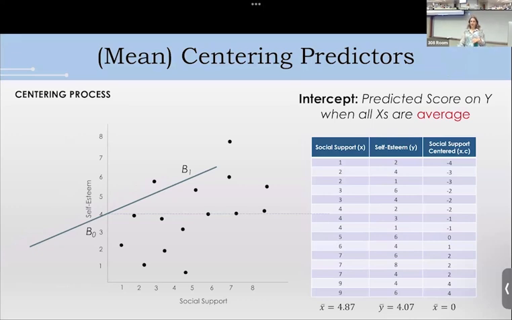So all we did was take the entire graph, the data points, the line, and the X scale, and just shift it all over by the mean. So that now that y-intercept is an interpretable value. It's the predicted score on y when X is average.